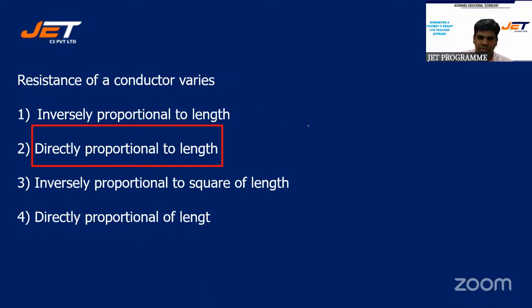R is equal to rho L by A. If a resistor has area of cross section A, length L, and resistivity rho, then R is rho L by A. Okay, let's go for the next one.